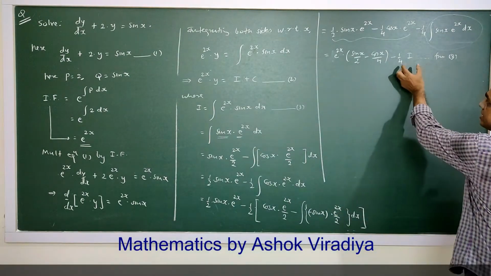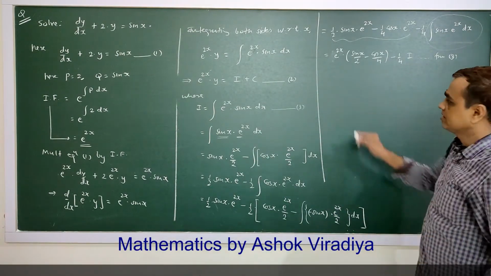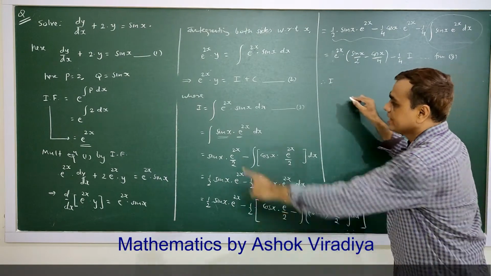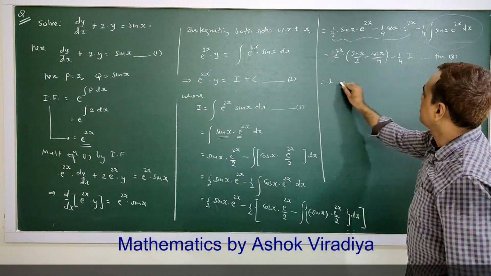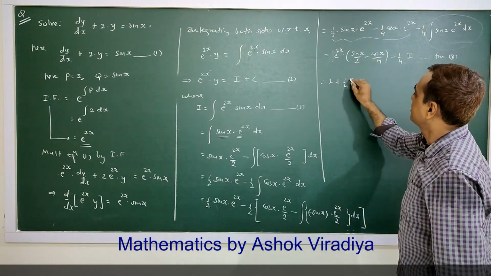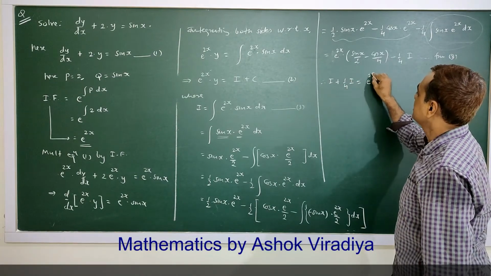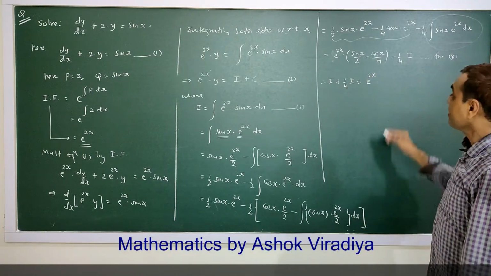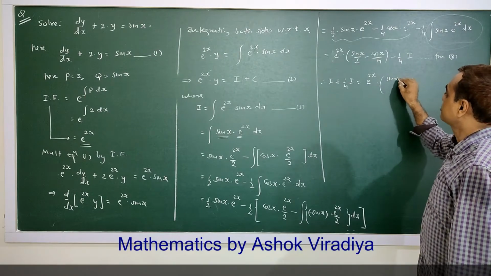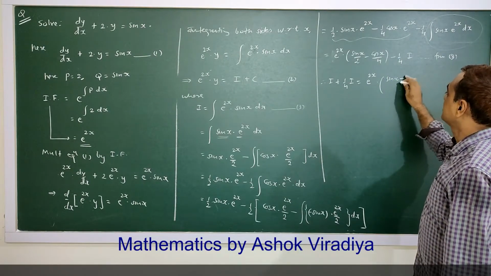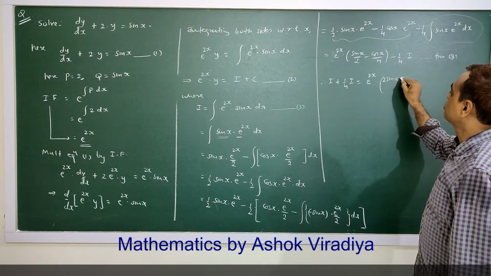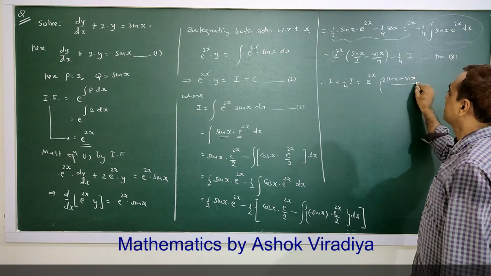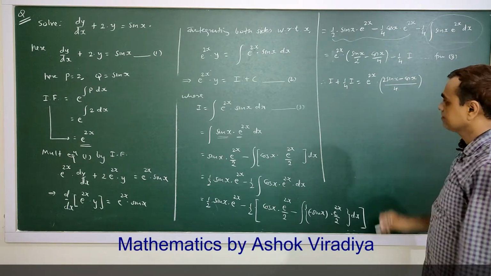Now this term we shift to the left side. So on the left side it was I. This is shifted to this side. So it is 1 by 4 times I is equal to e raised to 2x into sin x by 2 minus, here taking LCM, 2 sin x minus cos x by 4.